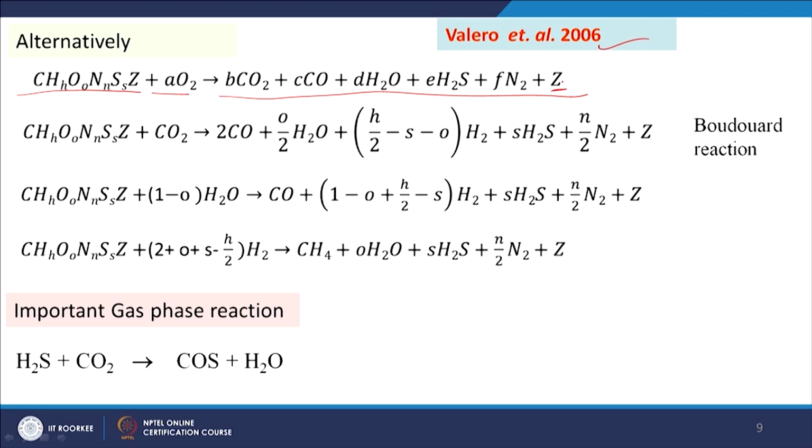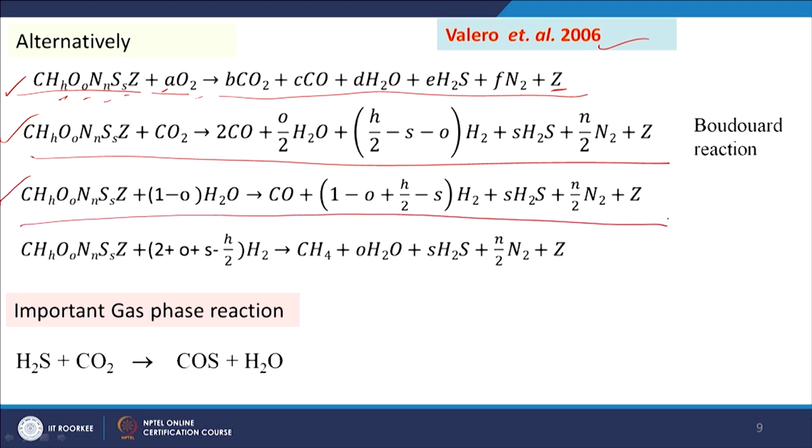These are the reactions they proposed, and they showed the mass balance and how to calculate A, H, O, N, S, Z, etc. This is one reaction, the reaction with oxygen. Then, similar representations were provided for reactions with carbon dioxide, reactions with steam gasification, and reactions with hydrogen. These are the proposed reactions.